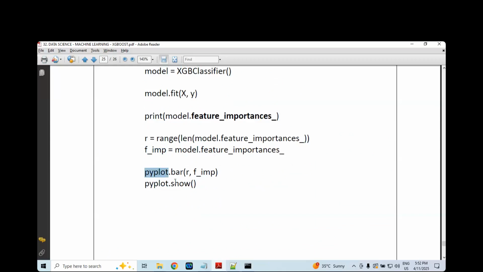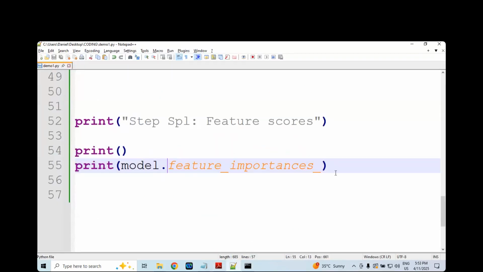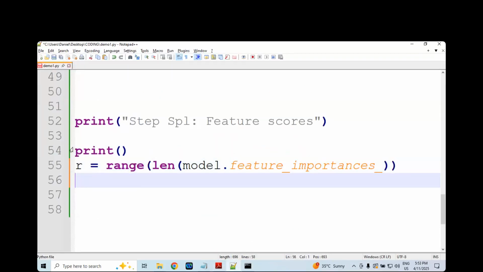Then finally, pyplot.bar. I hope you know, a bar graph you are plotting, right? By default you will get horizontal. I hope the R value you are providing. This one will be the x-axis, this one the y-axis. Come on, let's see the example. We are checking the length of all features.